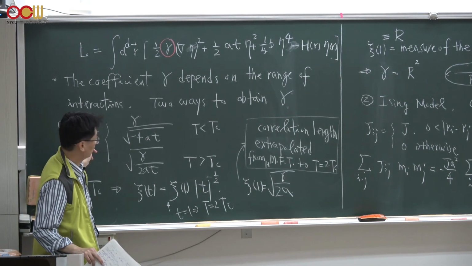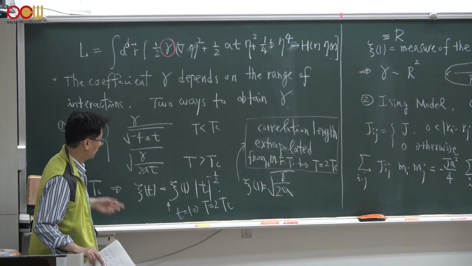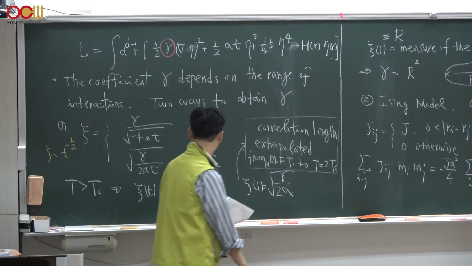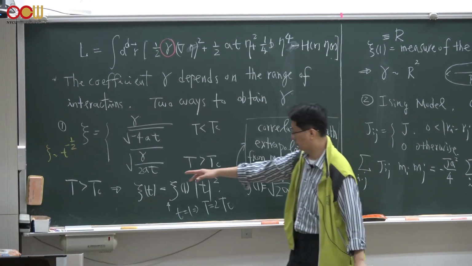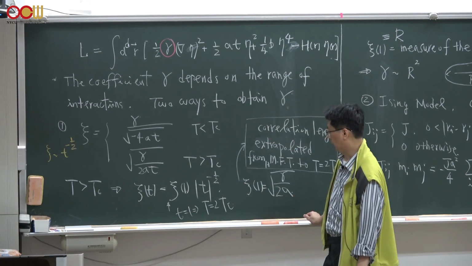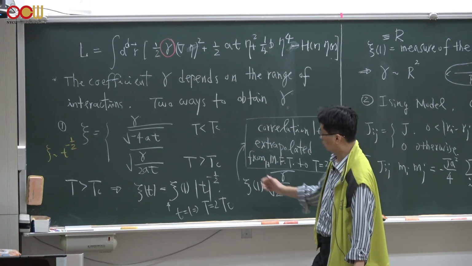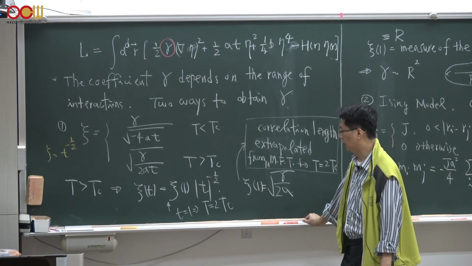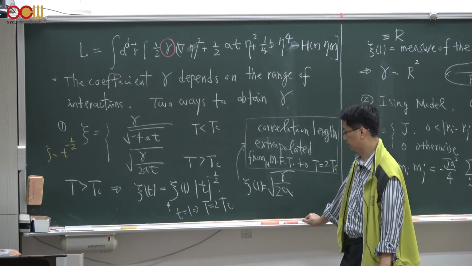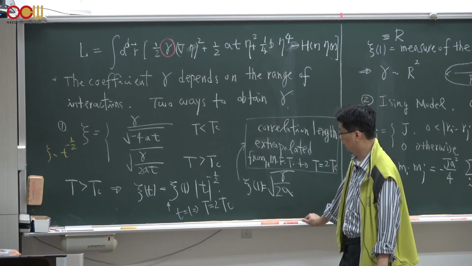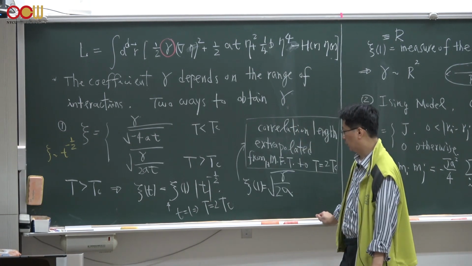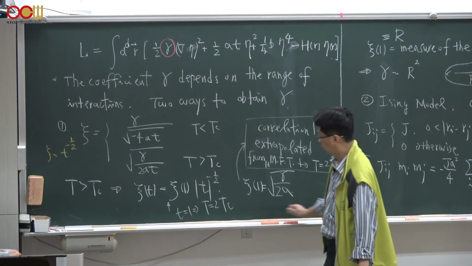This correlation length diverges as t to the minus 1/2 near the transition. But let's look at t above Tc, and we can factorize the prefactor, square root of gamma divided by 2a, and separate it from the t dependence, t to the minus 1/2. We call this Xi of 1.